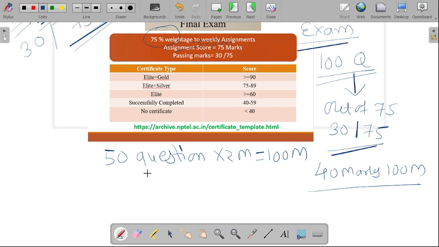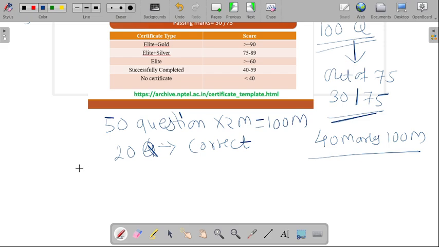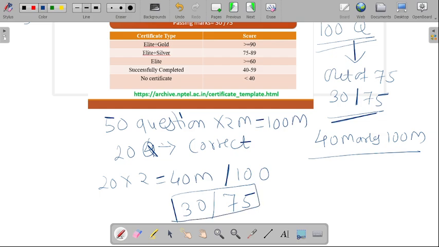Out of that, you need to attempt at least 20 questions correctly. So your 20 questions should be correct. Then you will get 20 into 2, that is 40 marks out of 100. And if you get 40 marks out of 100, then definitely you will get 30 marks out of 75.